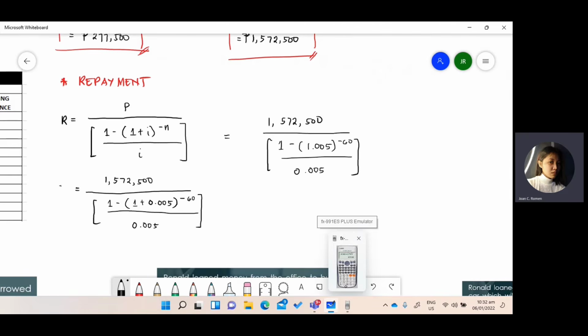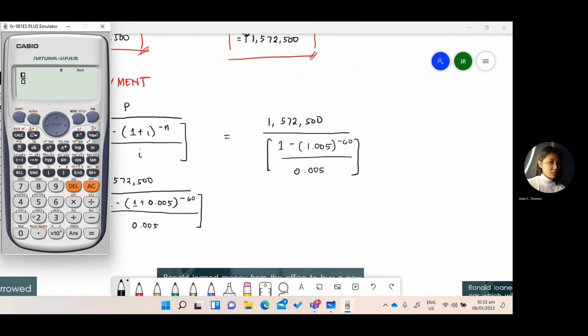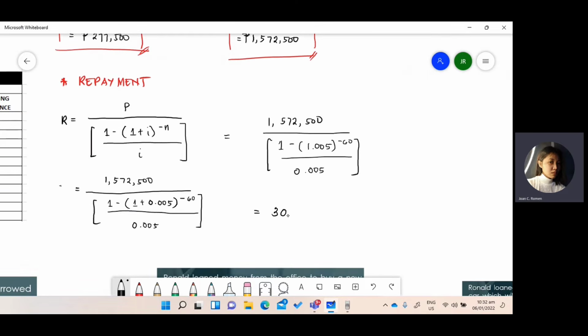So the answer is 1,572,500 divided by 1 minus 1.005 raised to negative 60, then over 0.005. And that is equal to 30,400.83. Again, that is equal to 30,400.83 pesos. Okay? So this is your monthly repayment, or your regular payment.